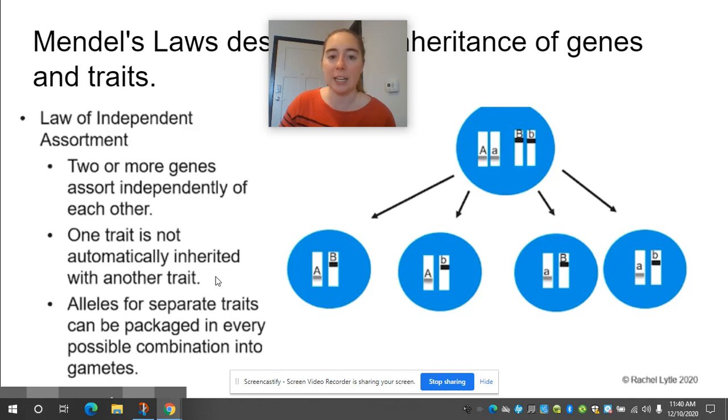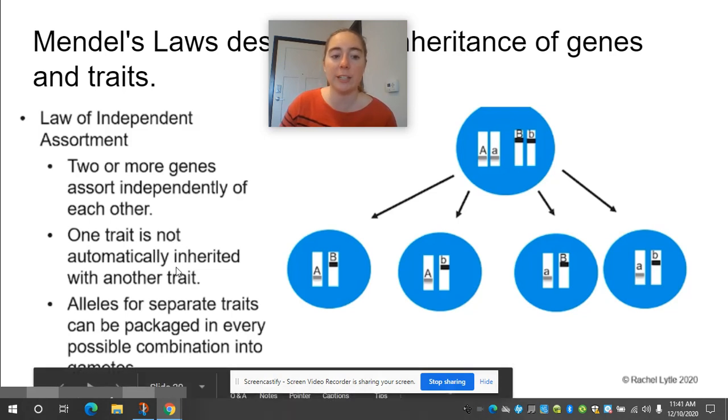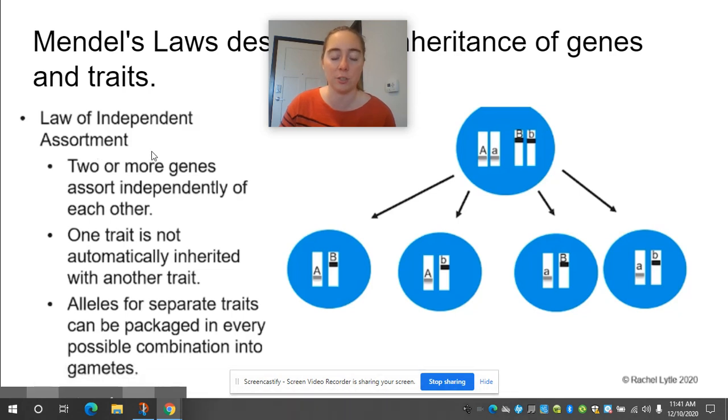You could be tall or you could be short, or let's think of corn. You could have a purple kernel and a yellow kernel, but you don't have to have both of them. So one trait is not automatically inherited with another trait. That's not the case in most cases. So that's the idea of the law of independent assortment.